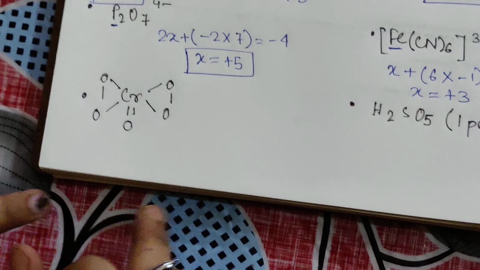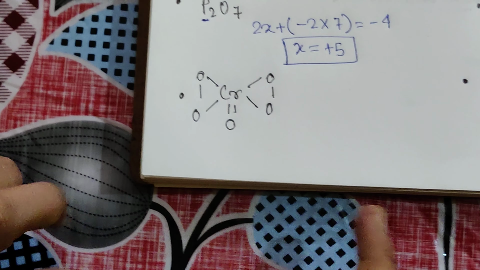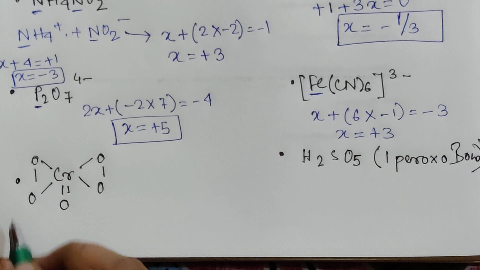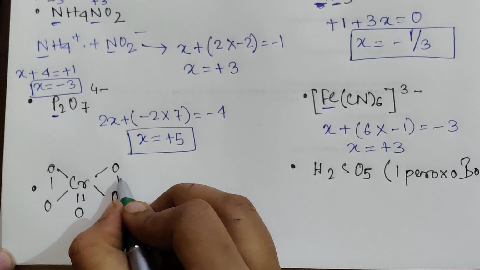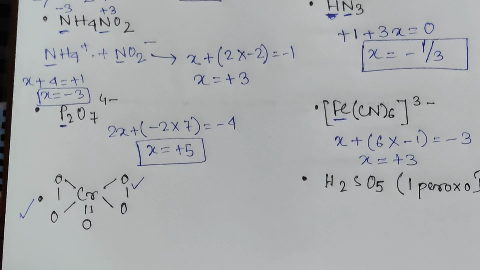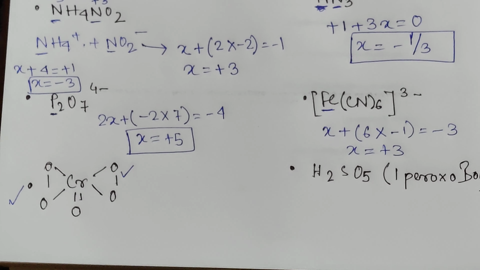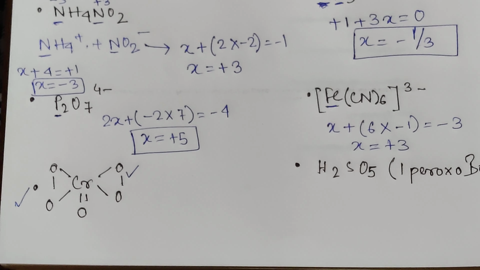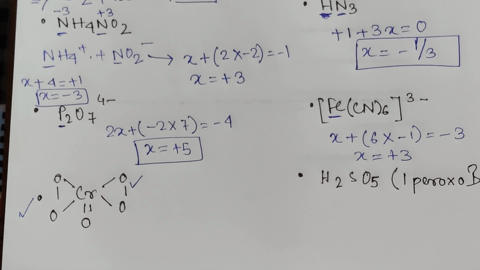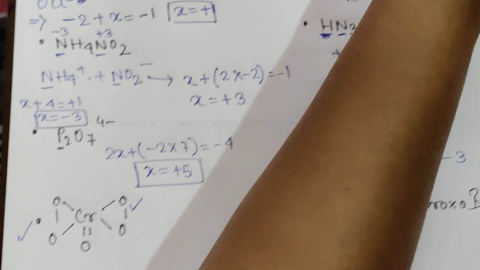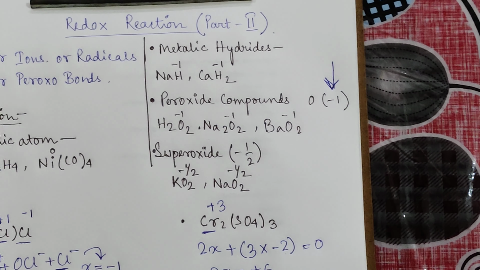Now, very important, these last two. Here we have to understand that there are two peroxo bonds present. Two peroxo bonds involve 4 oxygens. So for these 4 oxygens, the oxidation number will be -1.